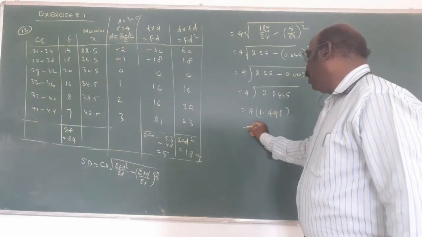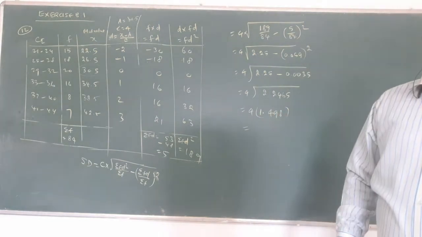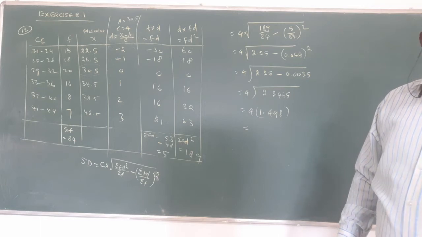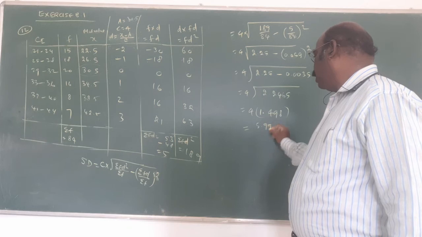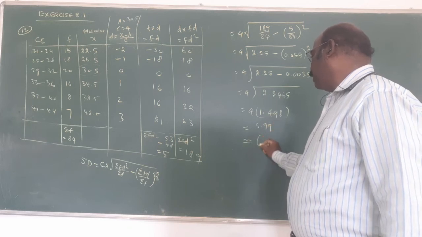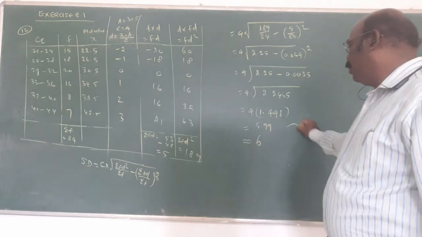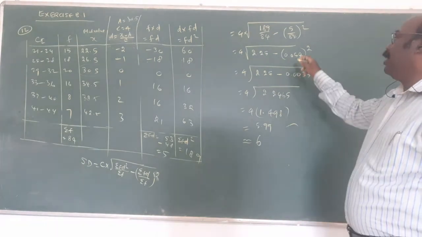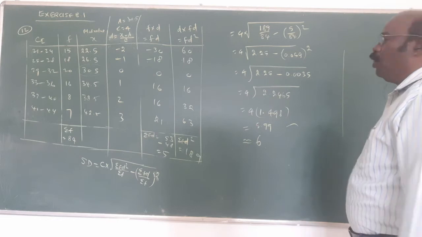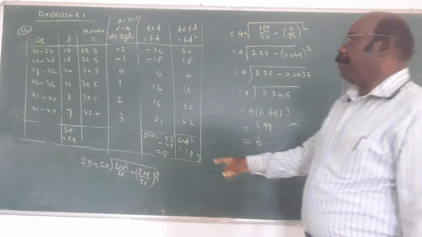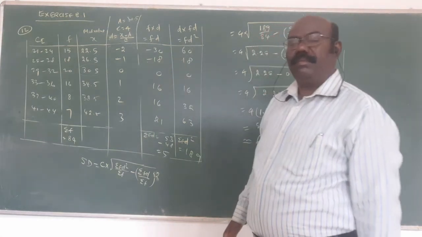Now multiply 4. You get the answer 5.99, approximately 6 is the answer. This is enough. Anyway, the squaring, subtracting, taking square root is allowed. You can do it yourself. But formula important, method important, very important.